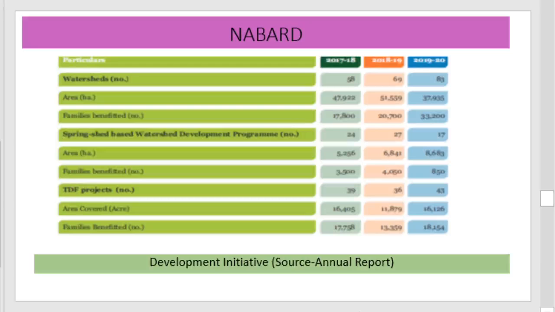In the last year, 2019-20, it was 83 in number, and then spring shed watershed development was 17 in 2019-20. Earlier, in the earlier years, it was 24 and 27. TDF projects were nearly 43 in 2019. Here, mainly, some of the developmental initiatives by NABARD are given.